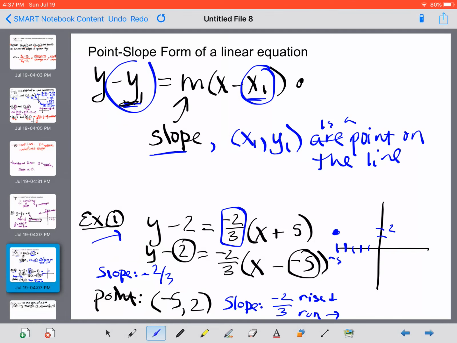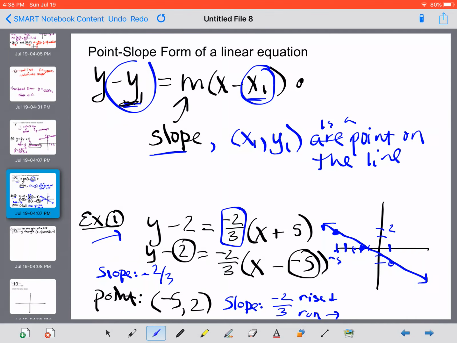We'll go to the right 3 points. So go down 2, and then 3 to the right. You can continue to find the next one if you wanted to by going down 2, and then 3 to the right. Once you have 2 points on this line, I didn't really have to do 3, but once you have 2, you can draw your line and graph it that way.